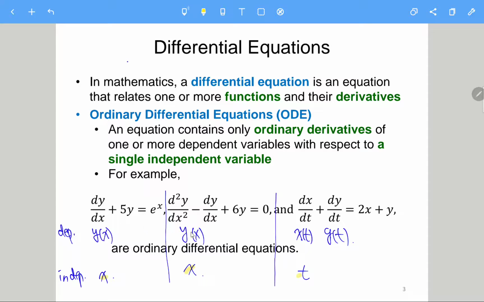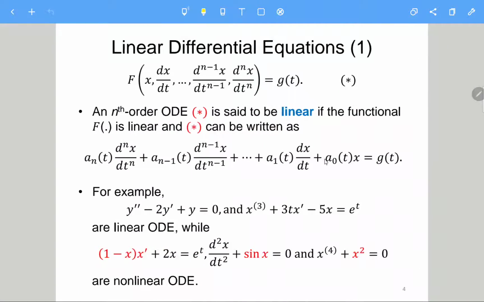So we have one dependent variable for the first two, and two dependent variables, or two functions, for the third equation. So this is a simple introduction to the ODE. Next we will talk about what a linear differential equation is.